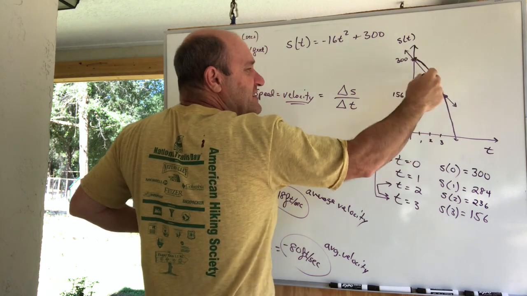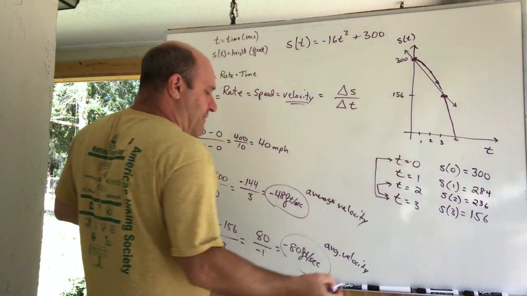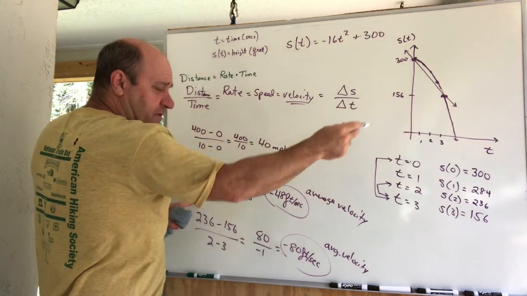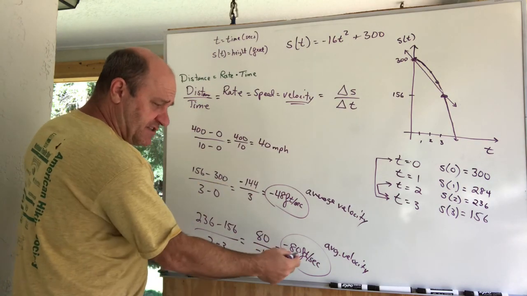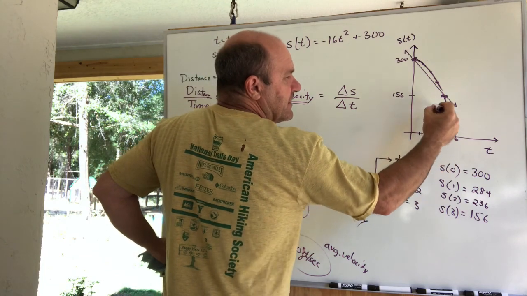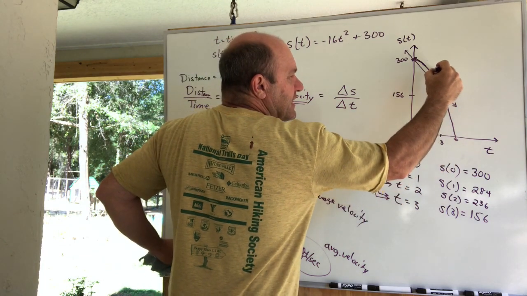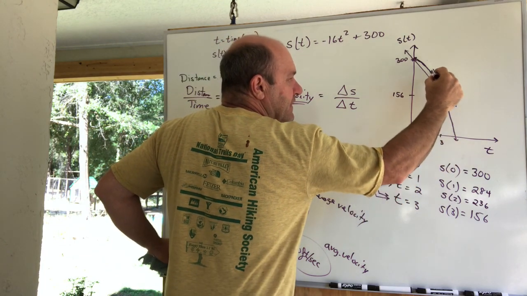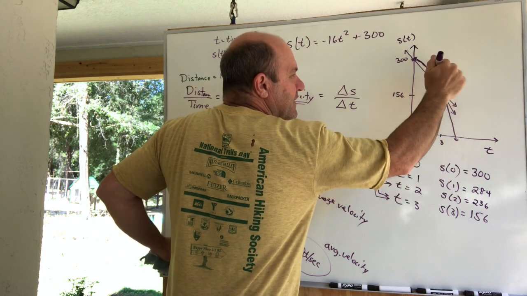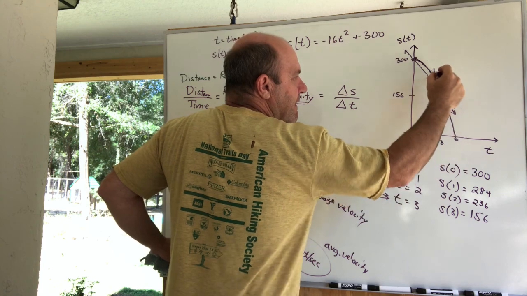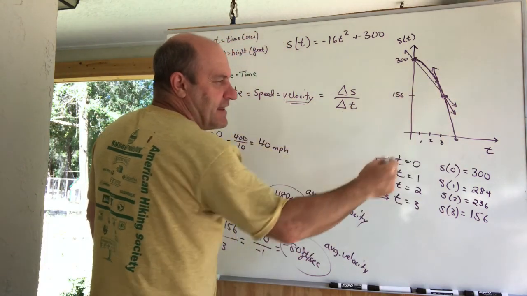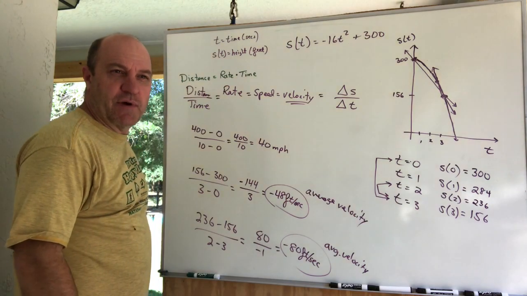The slope of a distance over time line is the velocity. So that was a slope of negative 48. This was a steeper negative slope between 2 and 3 seconds. Technically, that was the slope of this line, negative 80. That was the slope of the line that connected those 2 points.